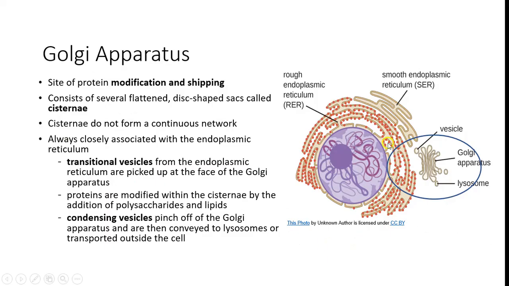Those components will come out of the ER and go to the Golgi apparatus, where the Golgi will then modify things, and then it will move things out of the Golgi, again in a vessel. As it pinches off, that vessel is going to be a lysosome or another type of vesicle that is going to then move through the cell, stay in the cell, or possibly go outside of the cell, depending on what the component is.